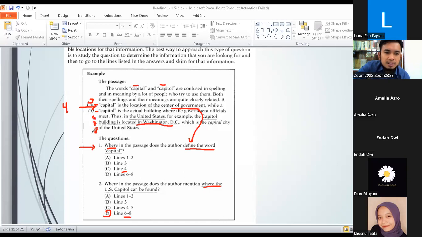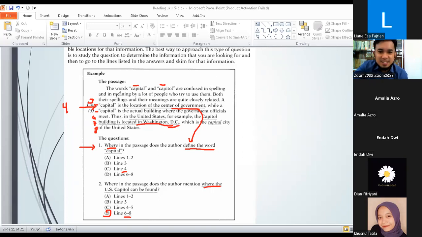Lines 6 until 8 are where the author mentioned where the US capital can be found. So it means that the US capital can be found in Washington, D.C. Just remember that.